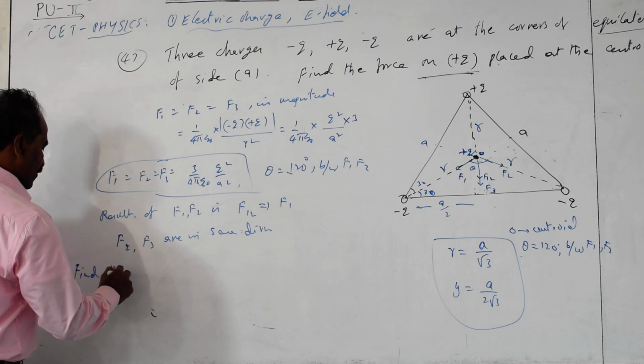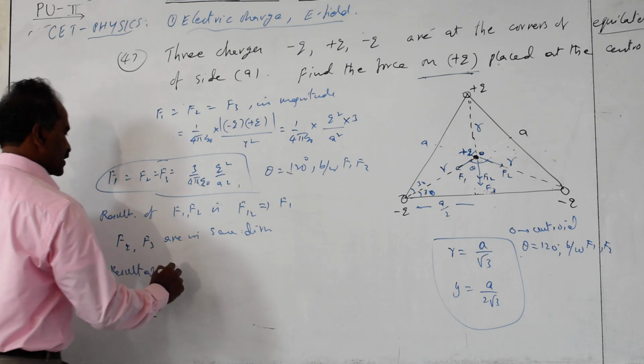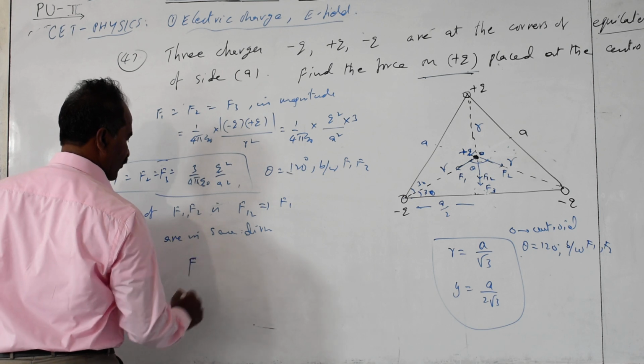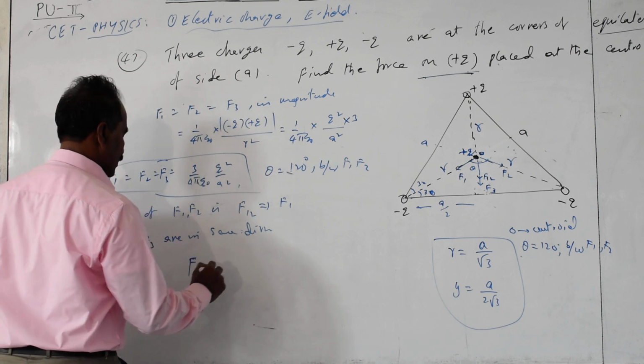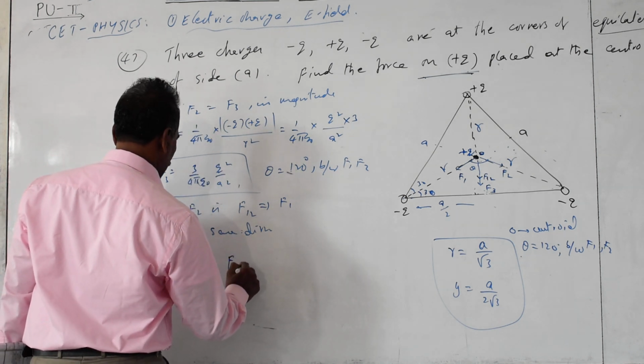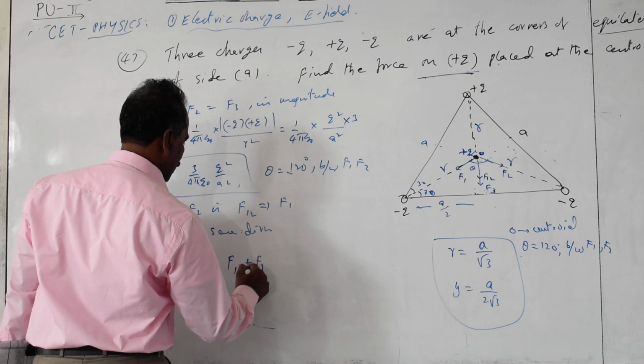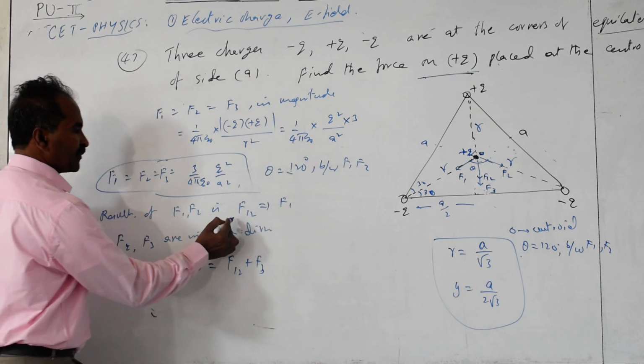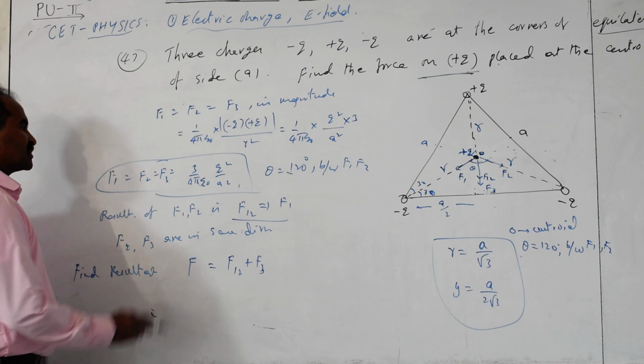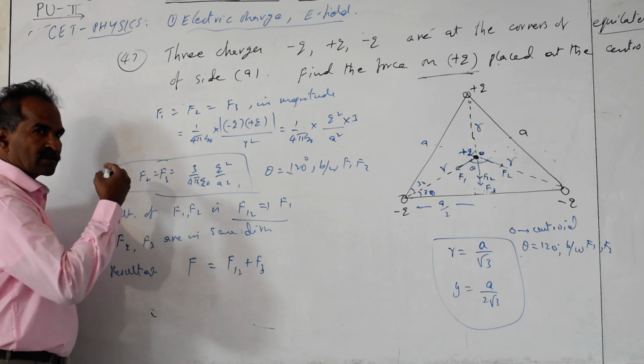final resultant force, I write as F4, is equal to F12 plus F3. But all are equal, also equal to F1. That means F1 equal to F2 is also equal to F3 is also equal to F12.